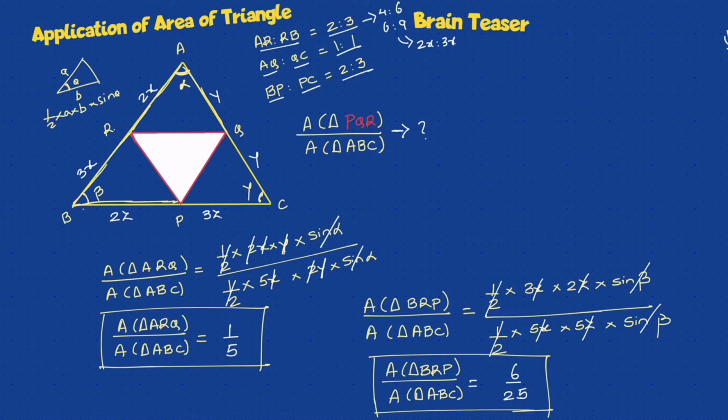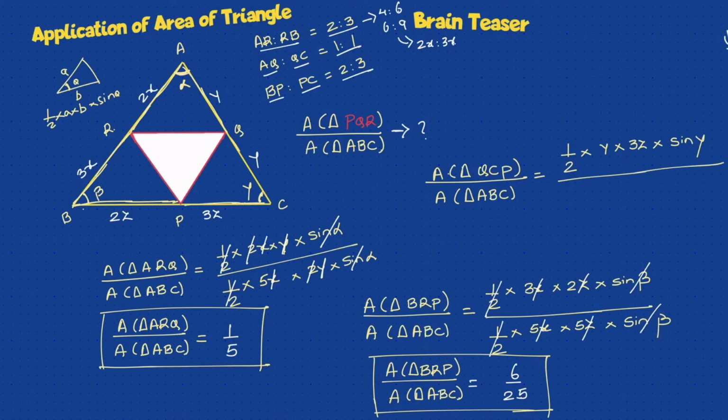Okay, I'll have to get a common denominator now, so that the area of triangle ABC is constant over everything. Now what is left? Which triangle will I eliminate next? QPC. Then the only thing left will be PQR. I'll subtract it in the end. So the area of triangle QPC will be what? Half into the product of the two sides, y into 3z, into the sine of the angle between the two sides, which is gamma.